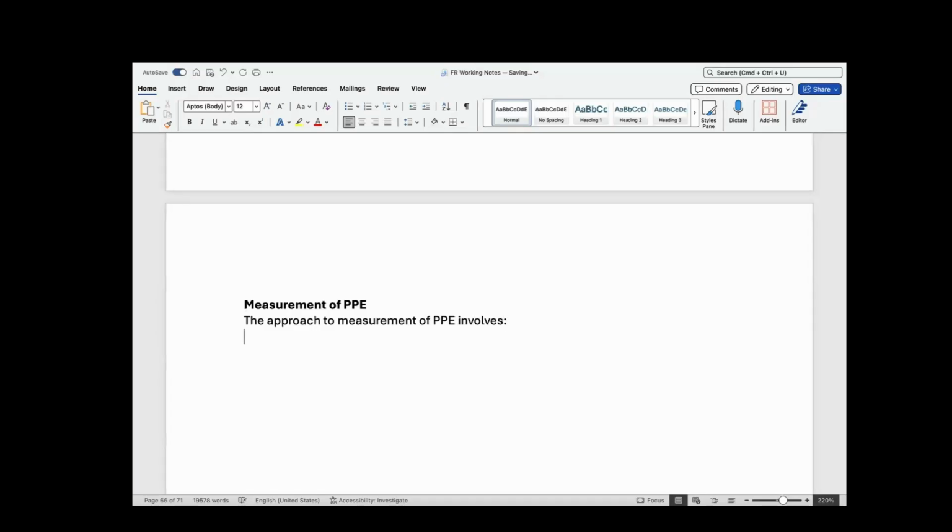Number one, you will determine initial measurements. And this is the measurement at the date of acquisition of the assets, including subsequent costs that I've mentioned above.